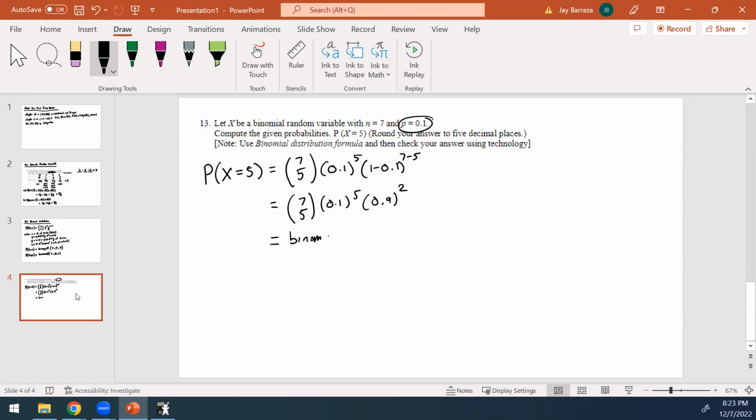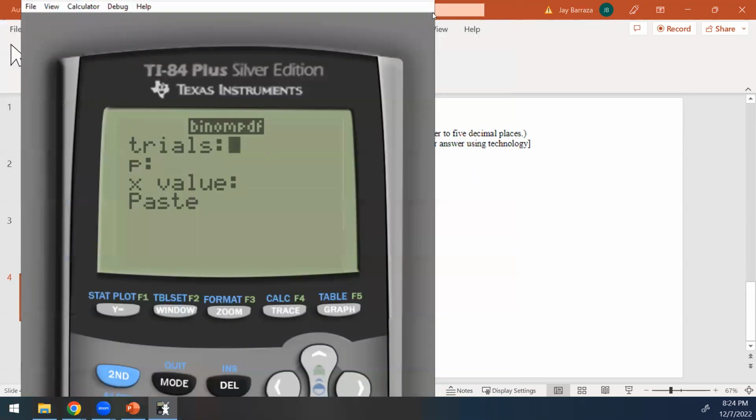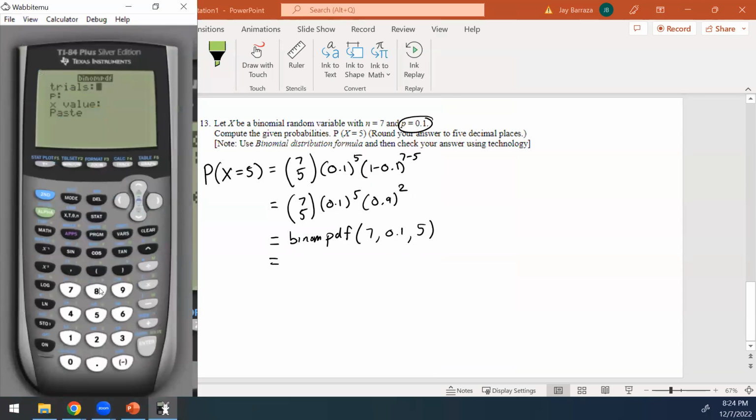binom PDF of 7, 0.1, comma 5. If you plug that into your calculator, we have 7 trials, because that's n. Our probability of success is 0.1, and our x value is 5. I'm going to paste that.